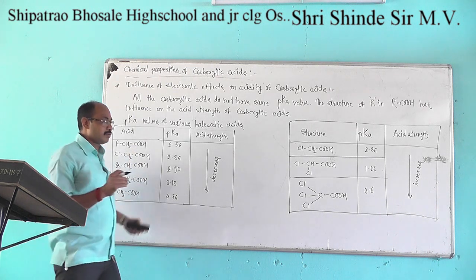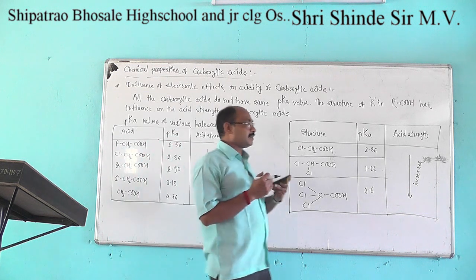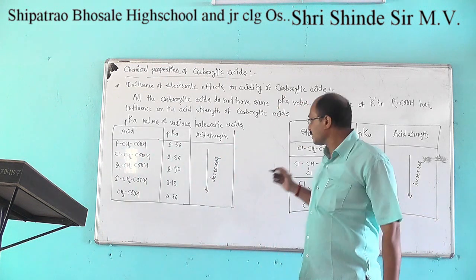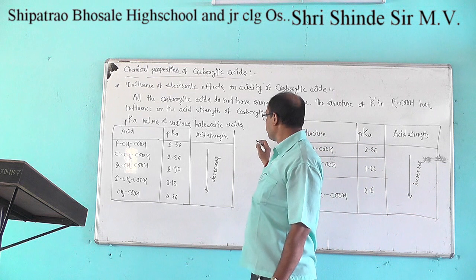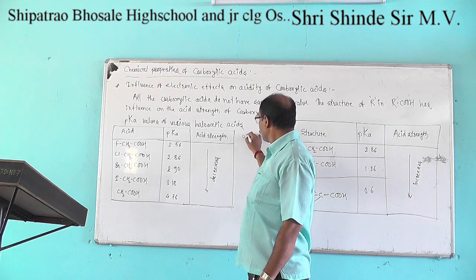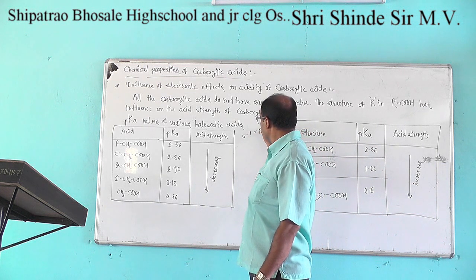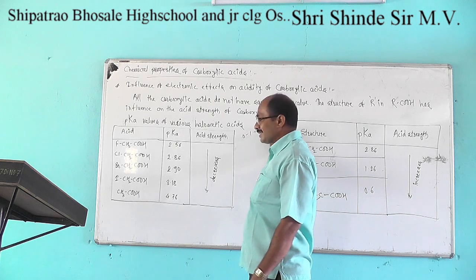As we observe the acid strength of compounds, stronger acids are those which have pKa values of 0 to 1, which are considered strong acids.